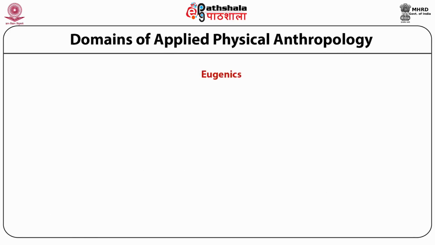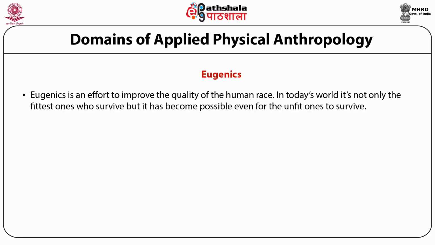Eugenics. Eugenics is an effort to improve the quality of the human race. In today's world, it is not only the fittest one who survives, but it has become possible even for the unfit ones to survive. Thus, what should we do under such circumstances? Two measures could be applied.